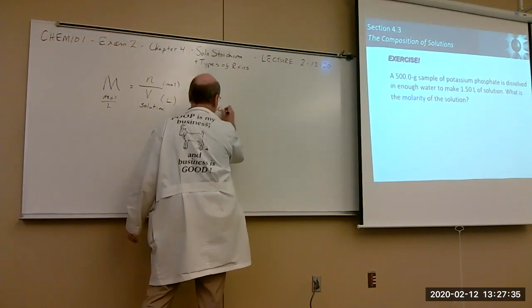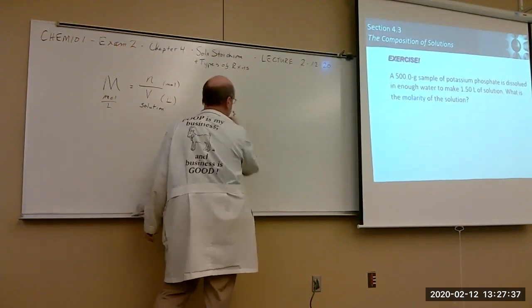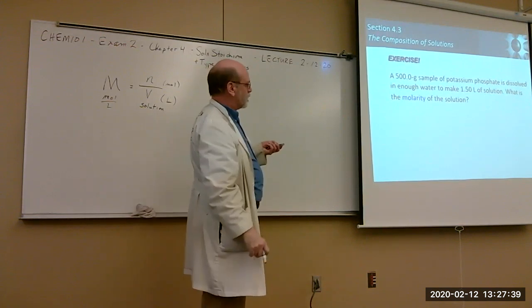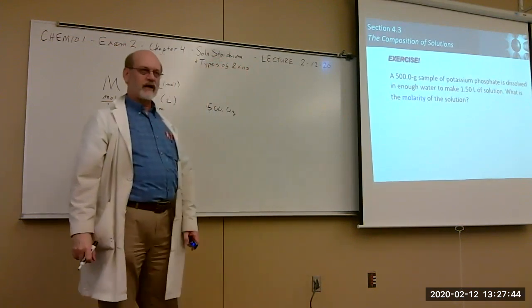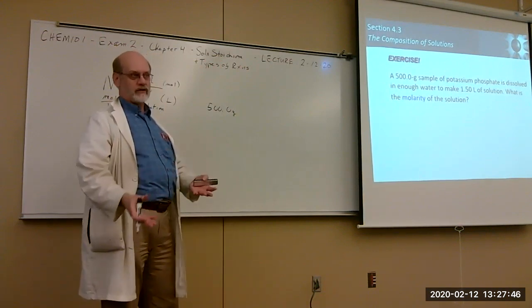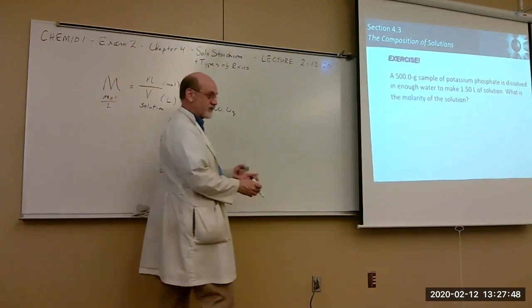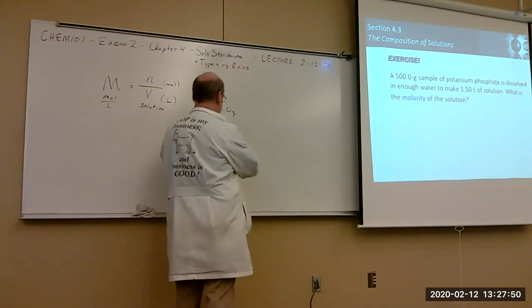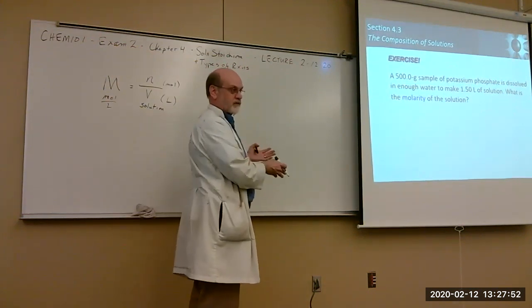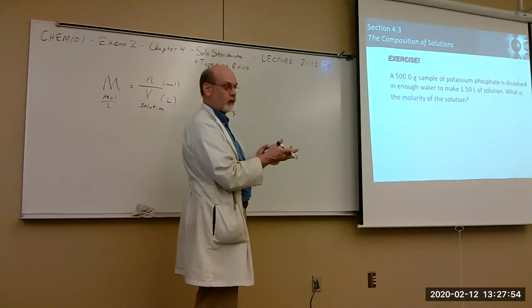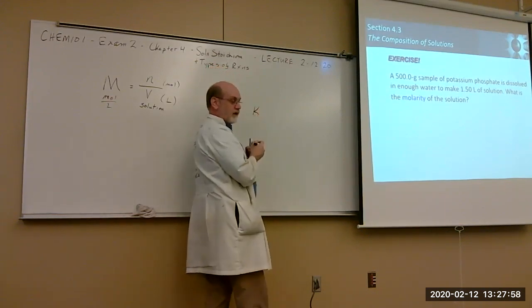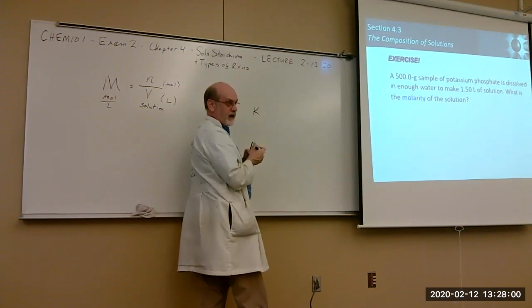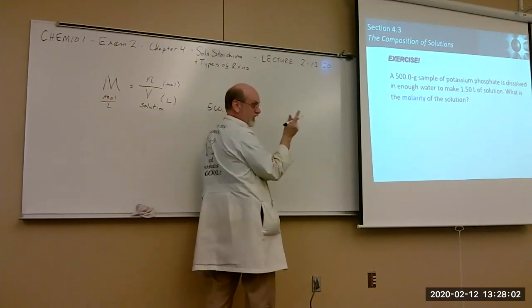Well, we know the mass in this case is 500 grams, but we're given the name potassium phosphate. That's why you needed to learn nomenclature. Because if it says potassium phosphate, you can't calculate the molar mass from the name. You need the formula. So we know we've got potassium, and phosphate is a polyatomic ion. Look it up in your table.